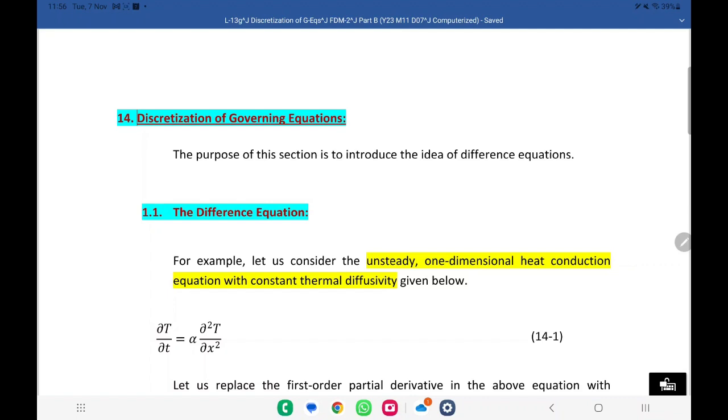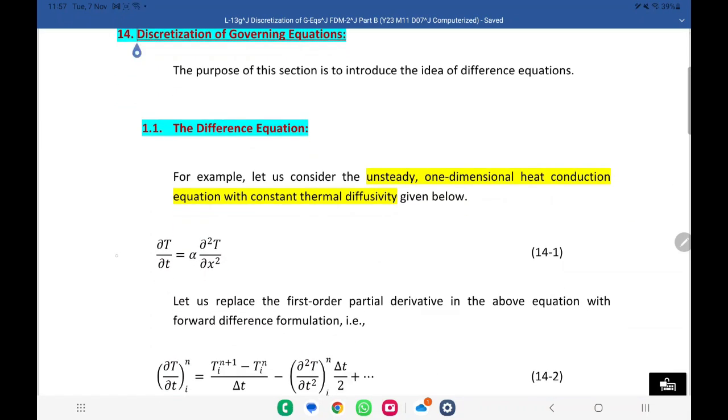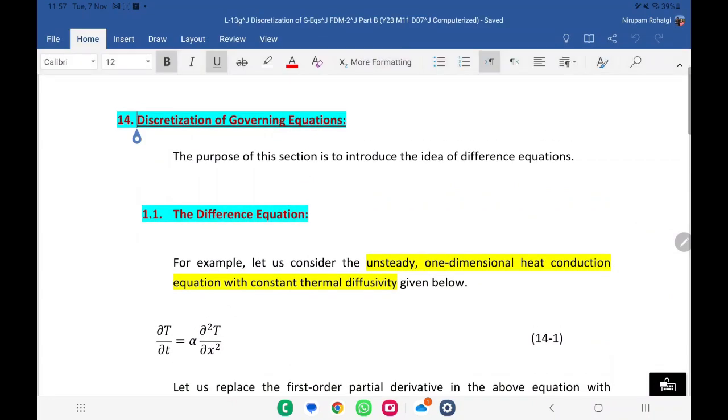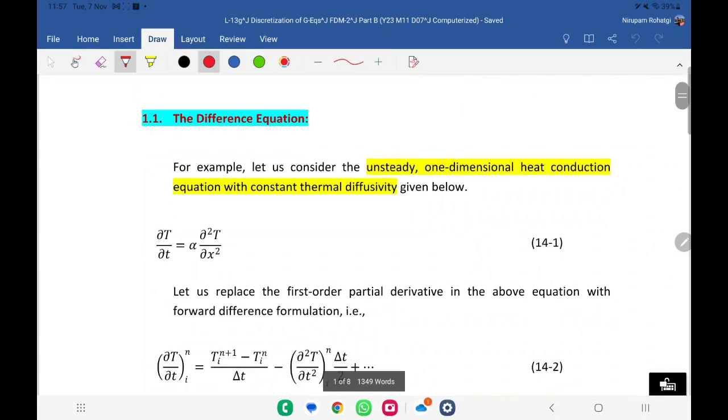So our next topic is how to discretize the equation. I'll just show you what it looks like. Now you look at this equation. This is a familiar equation.